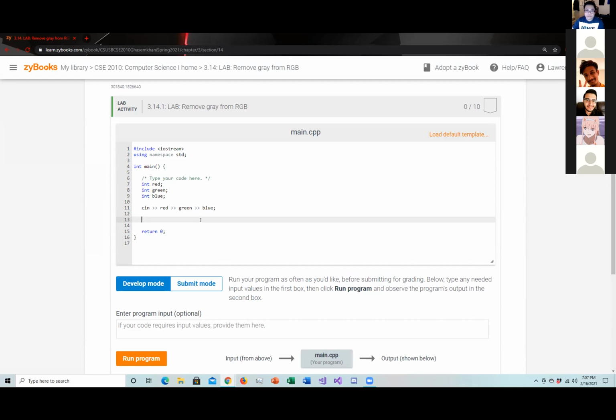So the first one's going to be if, and this will be the scenario if red is the lowest. So if red is the lowest, how do we check if red is the lowest of the three?